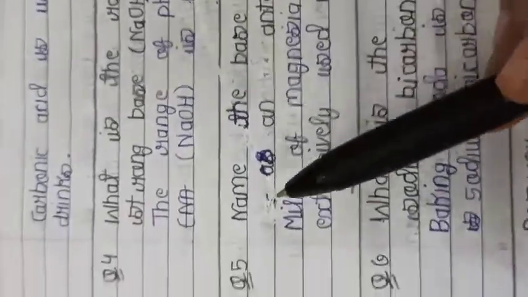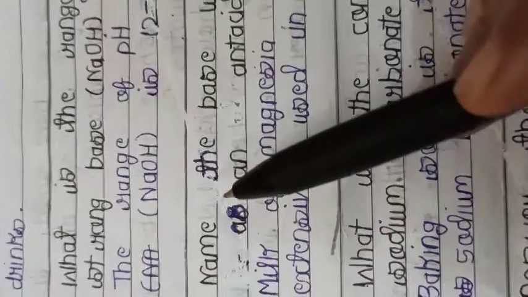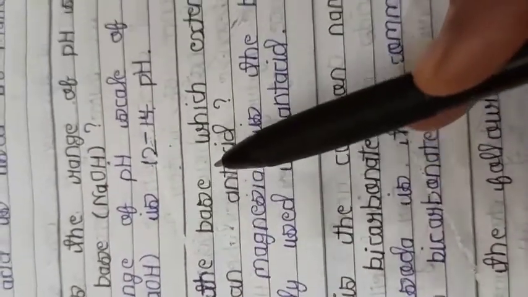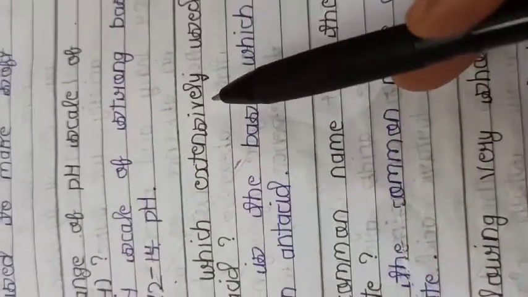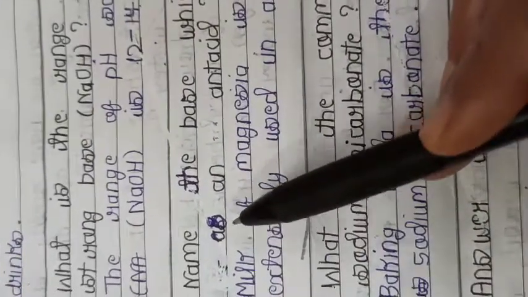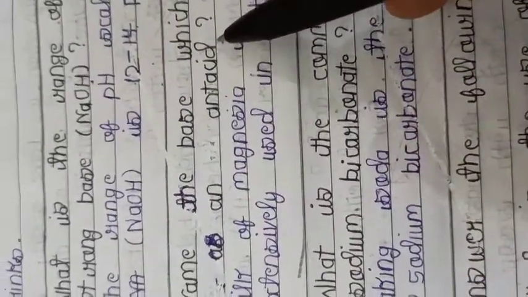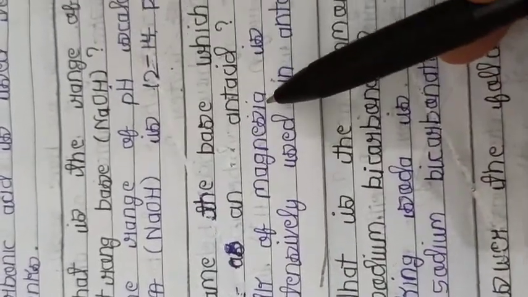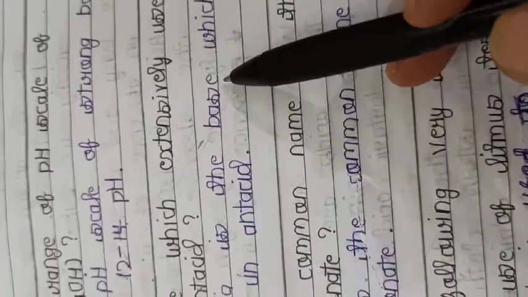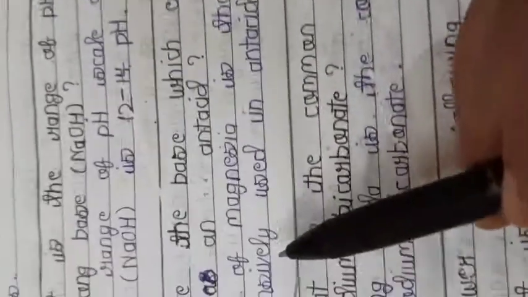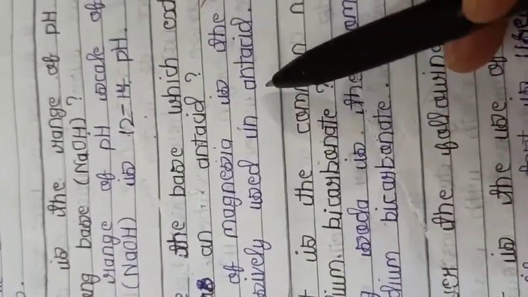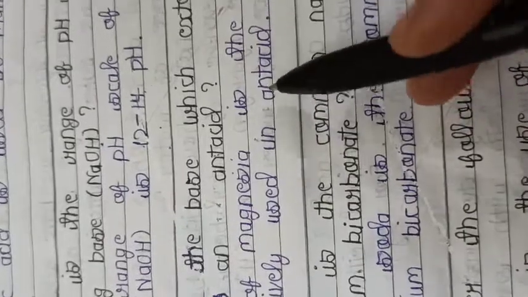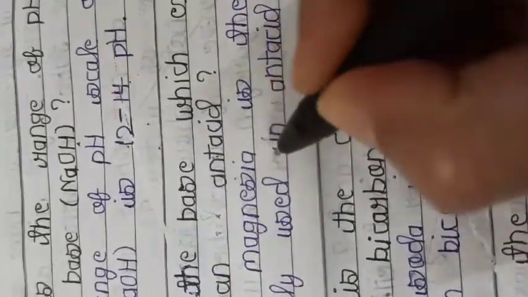Okay, now question number 5. Name the base which is extensively used as an antacid. Milk of magnesia is the base which is extensively used as an antacid.